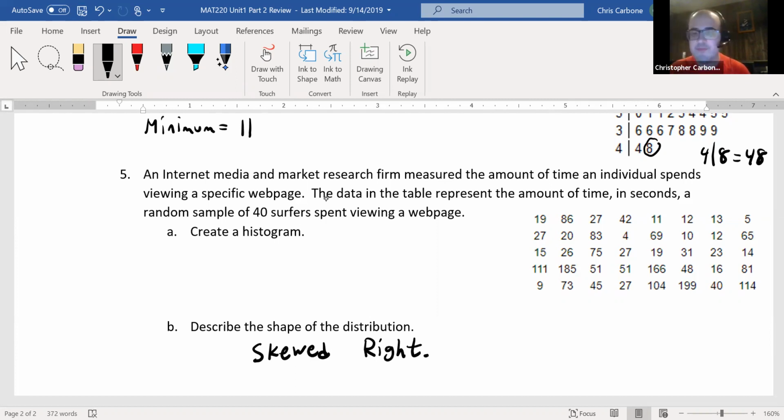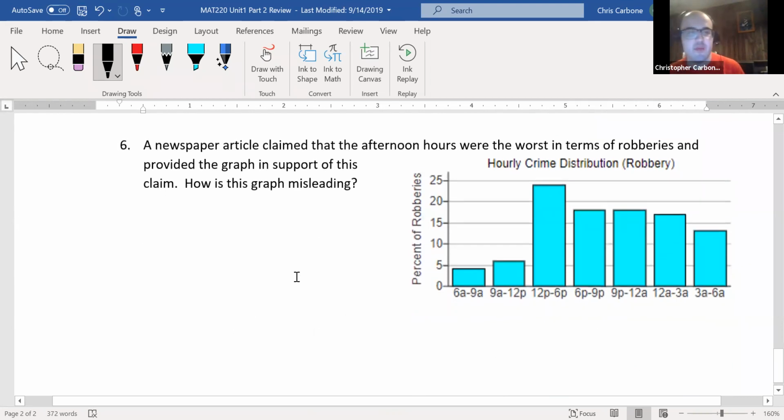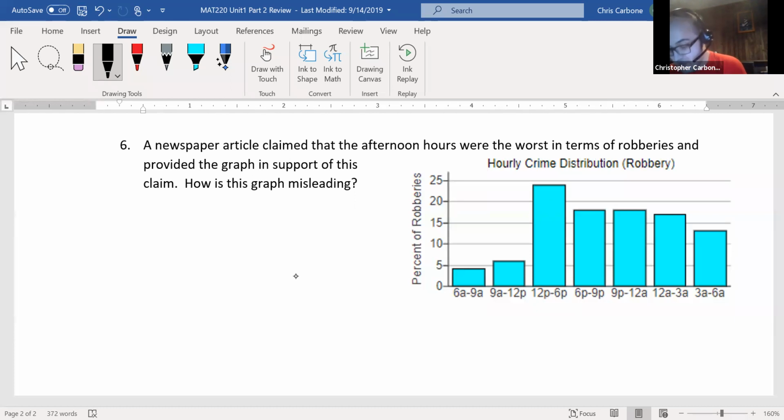And then finally, a last one. A newspaper article claimed that the afternoon hours were the worst in terms of robberies, and provided this graph in support of this claim. And we want to know, how is this graph misleading? Looking at it, this x-axis here is not labeled, but that's not going to be the answer for this.